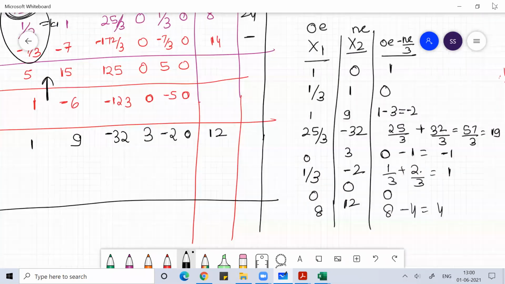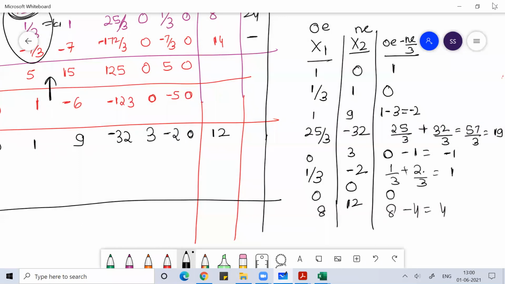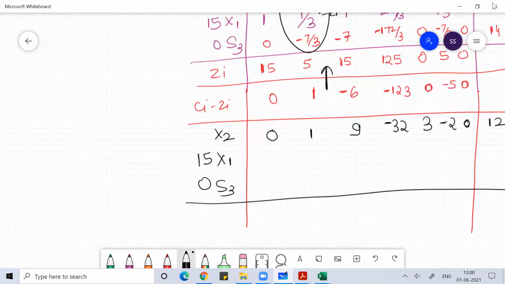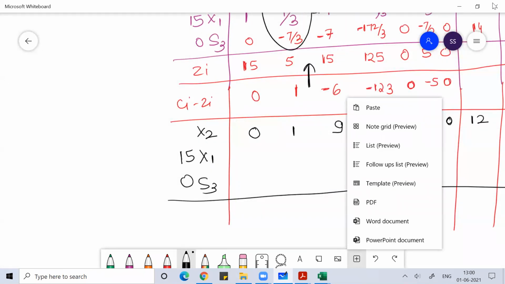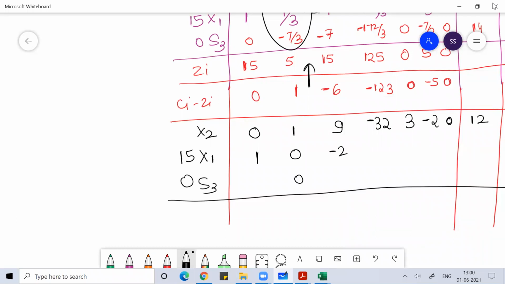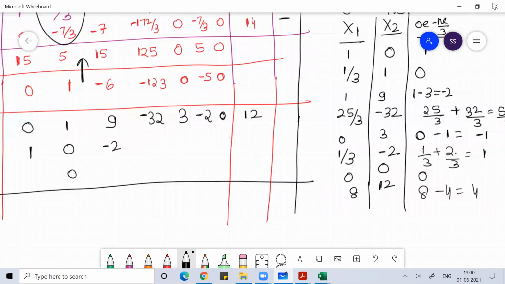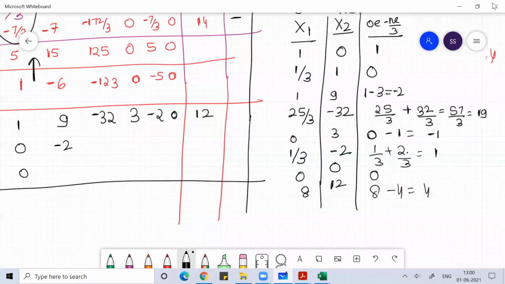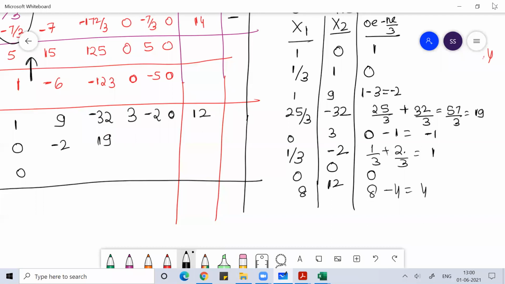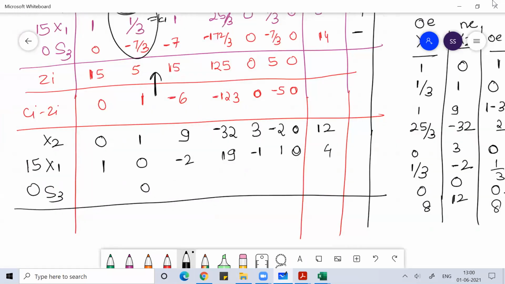So you can write this value: 1 0 1 0 1 0 minus 2 1 0 minus 2 1, 0 1 0 minus 2 1 0 minus 2, 19 minus 1 19 minus 1 1, then 0 1 0 1, then 0 and then 4. Okay.